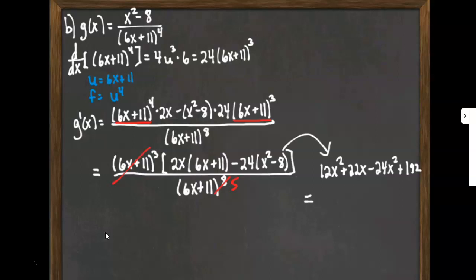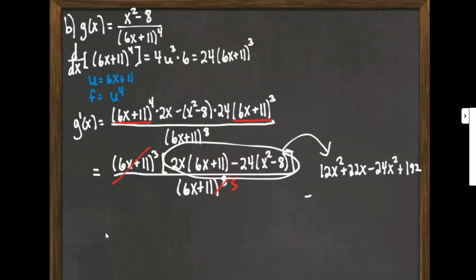So 2x times 6x would give me my 12x squared. 2x times 11 will give me my 22x. Right, just multiplying that out. Minus 24 and x squared will give me minus 24x squared. Minus 24 and a minus 8 will give me my plus 192. So all I'm doing here is taking that piece in the top and simplifying that.